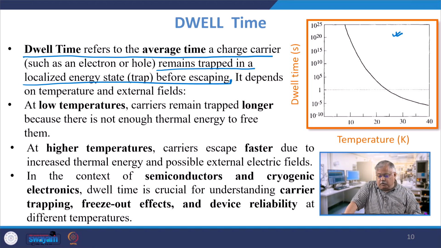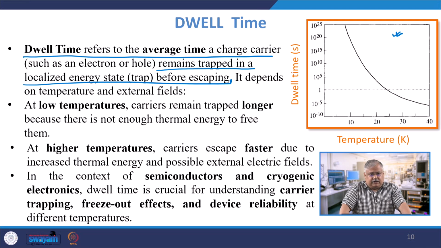It is of the order of 10 to the power 5 to 10 to the power 10 seconds. Whereas when the temperature goes down to even 10 Kelvin, there is a substantial rise in the dwell time to a large value of 10 to the power 20 to 10 to the power 25. This rise is primarily because the temperature has gone to such a low value that the thermal energies are so low that the electrons do not leave their state.